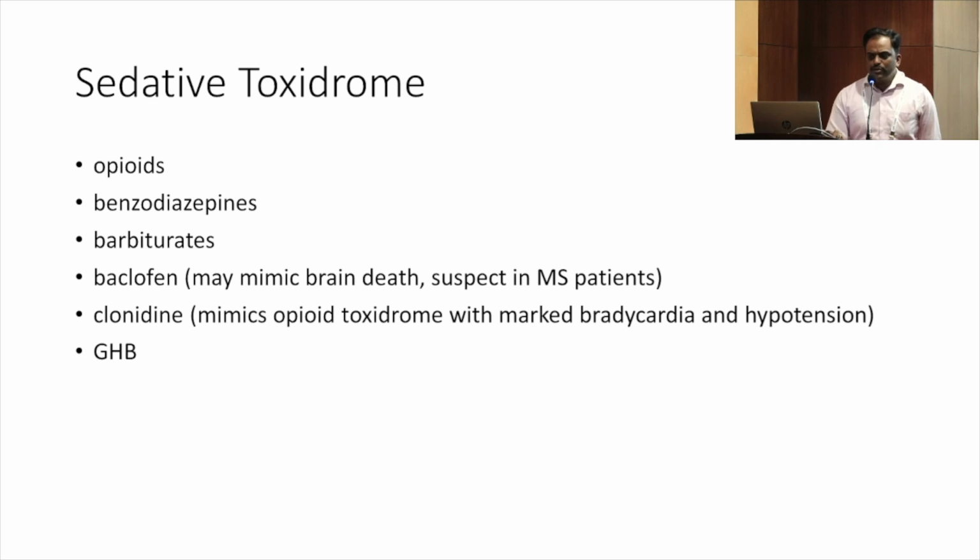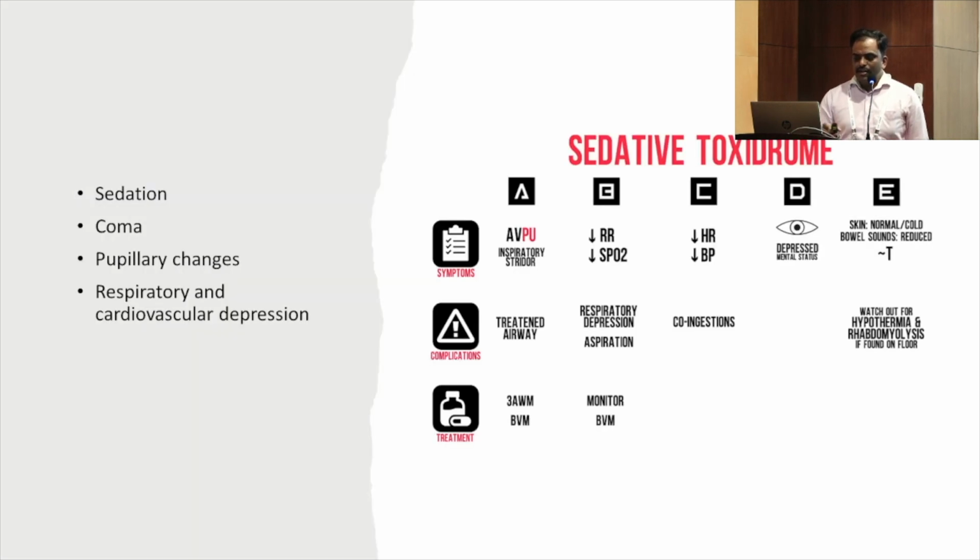Then coming to sedative toxidromes, the drugs which come in these categories are opioids, benzodiazepines, barbiturates, baclofen, clonidine and GHB. So most sedative toxidromes are like A, B, C, D, E. Airway, the patient might be alert or might respond to just voice, most of the time either to pain or completely unresponsive in case of severe toxicity.